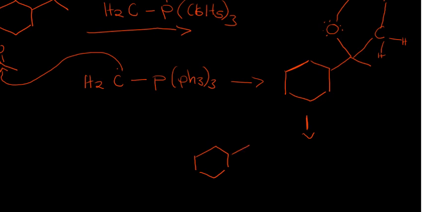Then this phosphorus is attached to the carbon having the two hydrogens, and this carbon is attached to this carbon. Yes, something looking like a box. So in this ring which is formed, there will be breakage of bonds. So this bond comes to break here, this one breaks there, hence we are going to form this structure.